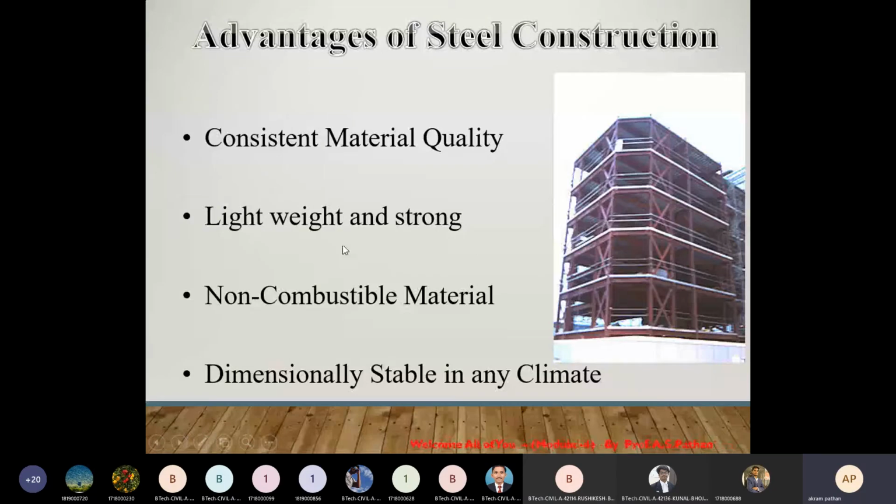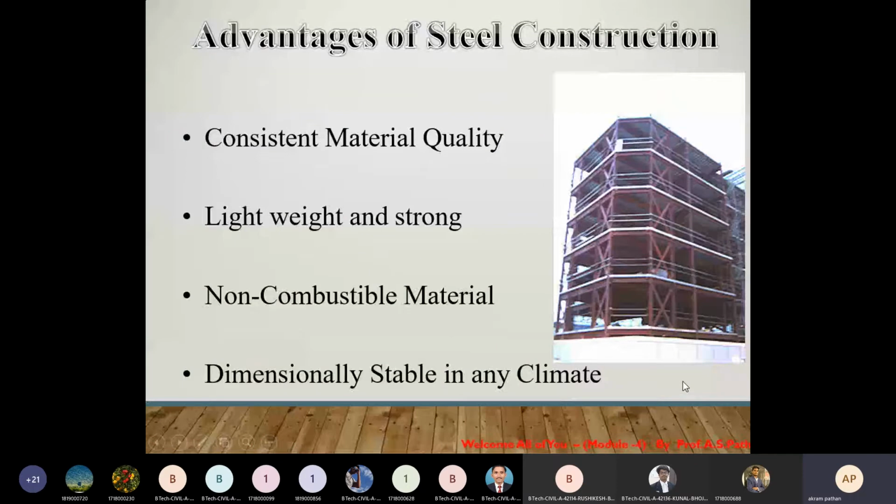If you design these steel members for a 50 or 100 year design life, they will serve without any deflection or bending up to their design life. Such steel members are light in weight and strong, and non-combustible. And then dimensionally stable in any climate.